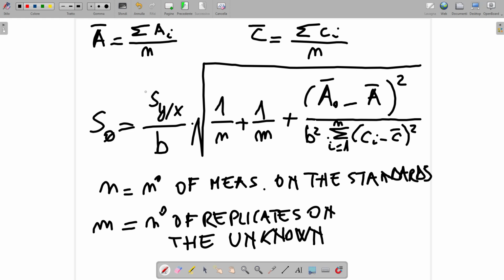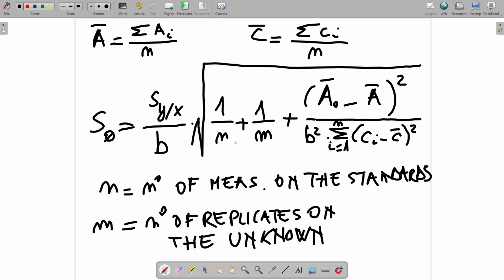B is sensitivity. So we should choose a method where sensitivity is high. N should be high or low, big or small? N should be a high number, as high as possible.